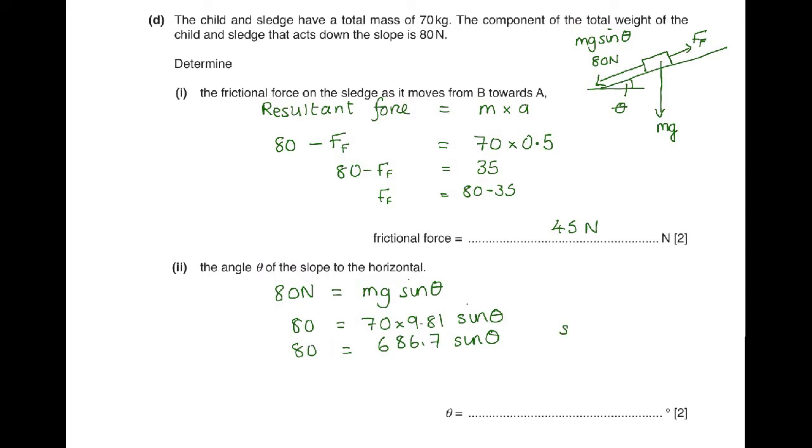So sine theta is 80 divided by that. Which gives me 0.1165. And then if you do your inverse sine on there, that will give you 6.7 degrees.